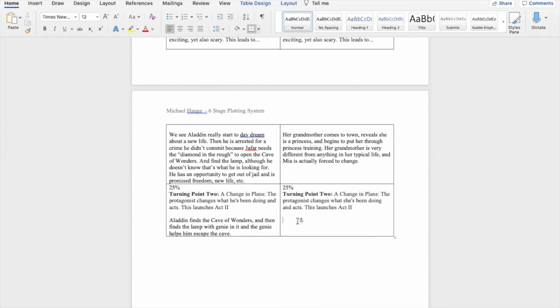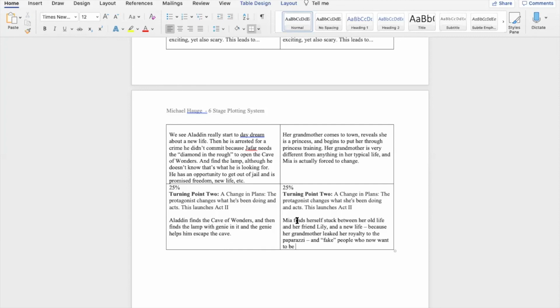So what happens with Mia? Mia finds herself stuck between her old life and her friend Lily, and a new life, and this is because her grandmother leaked her royalty to the paparazzi, and we'll say fake people who now want to be her friend.